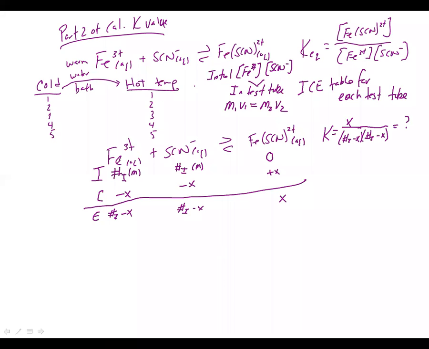But in this case, we don't know what this is. So that is the goal, is to really find what the value is. So we need a way to actually figure out what X is. And this is where your standard graph will come into play from the first part.